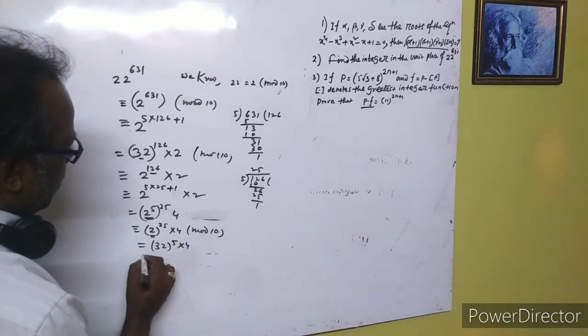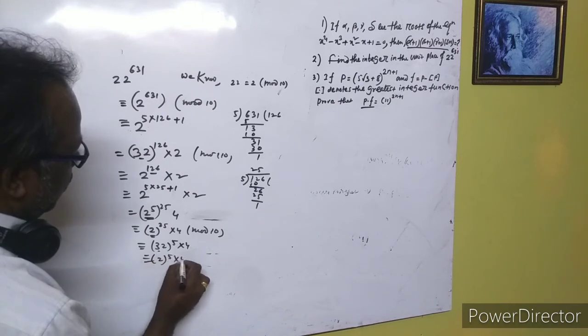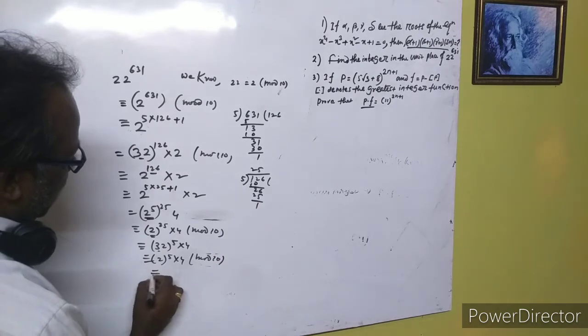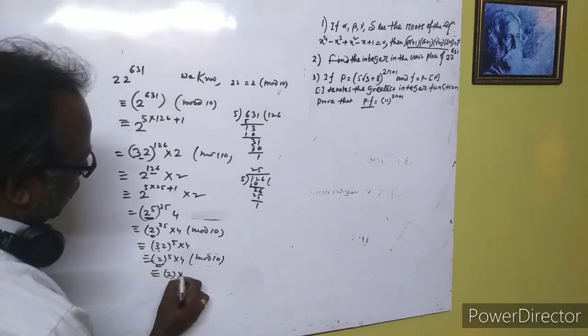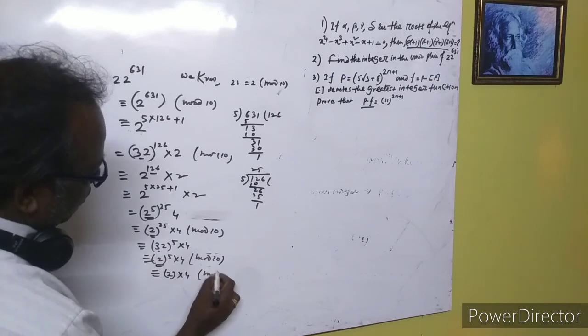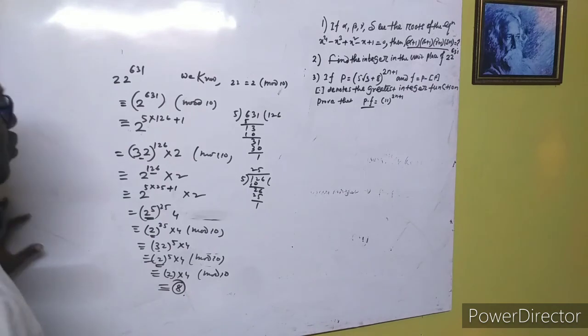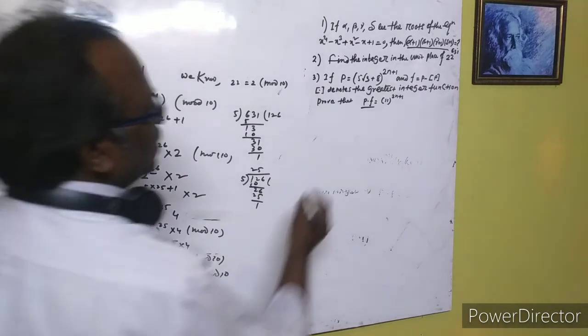Again using the modulo system, we get 2 to the power 5 into 4 mod 10. Again using mod 10, we get 2 into 4 mod 10, and that is 8. So in the unit place, if we expand this, the unit place number is 8. The unit place number is 8.